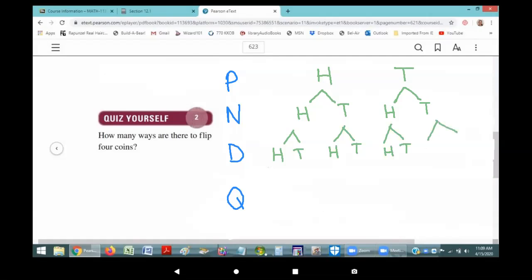Notice for each previous outcome, we only have 2 options for the next coin, doubling the amount of outcomes we had previously.